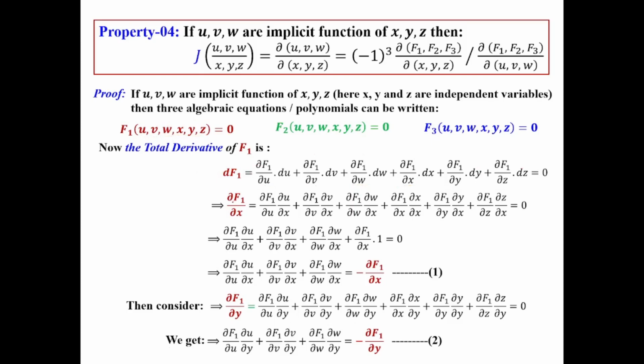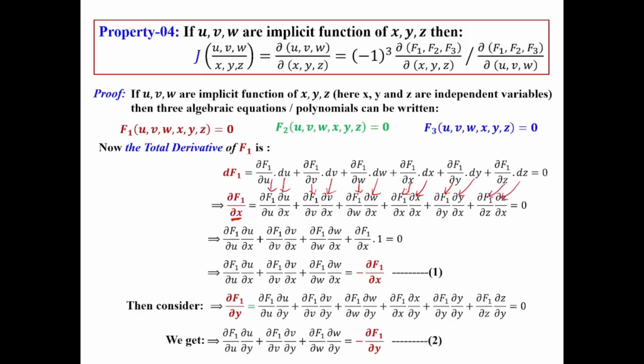Now if we consider del f1 by del x, then this value will be del f1 by del u into del u by del x, because we are trying to find del f1 by del x. Plus del f1 by del v, del v by del x, plus del f1 by del w, del w by del x, plus del f1 by del x, del x by del x, plus del f1 by del y, del y by del x, plus del f1 by del z, del z by del x.